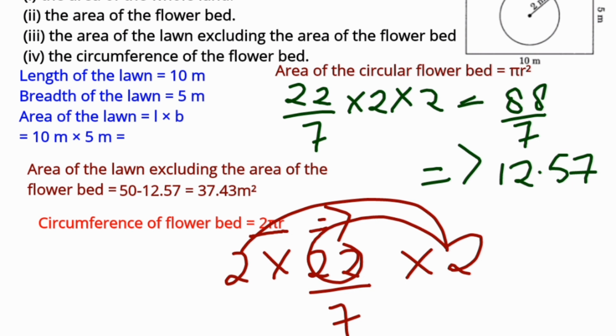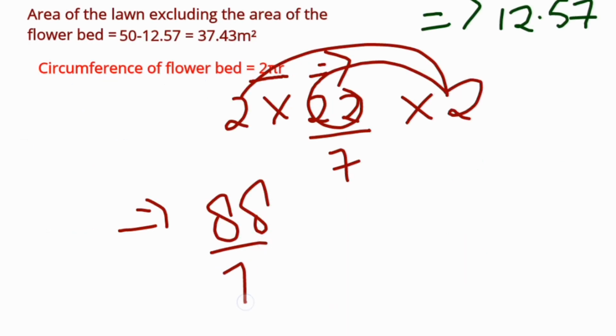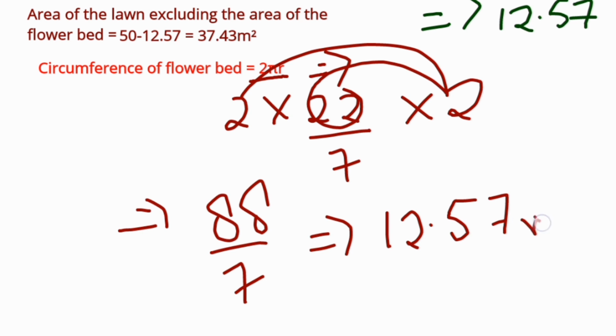So 88 upon 7 means we calculated it just now, 12.57. It's meter. Yes, 12.57 meter is the circumference of the flower bed and the area was 12.57 meter square. I hope you are getting the questions. Now let's move on to the 10th question.